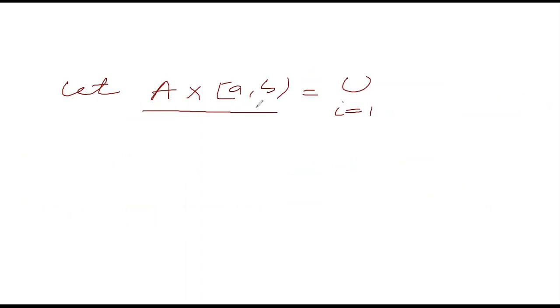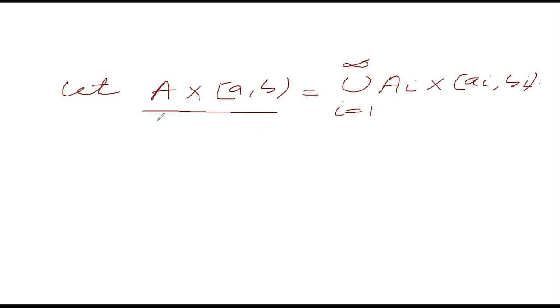So let A cross (a, b) be the union, where A is the product of n copies of semi-closed intervals and this is the n plus 1th copy.